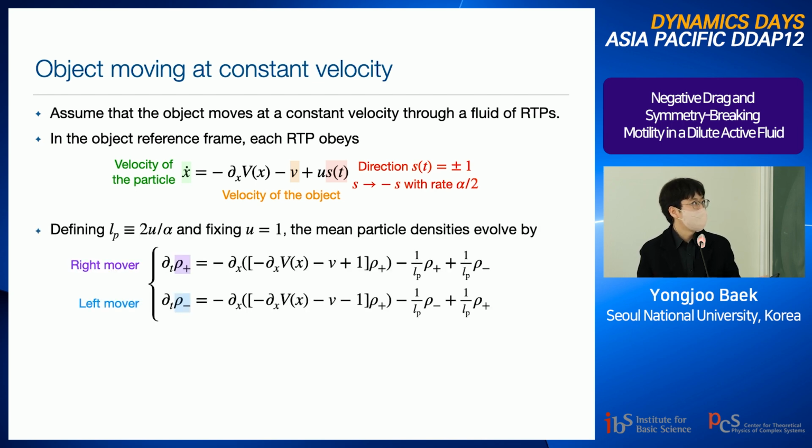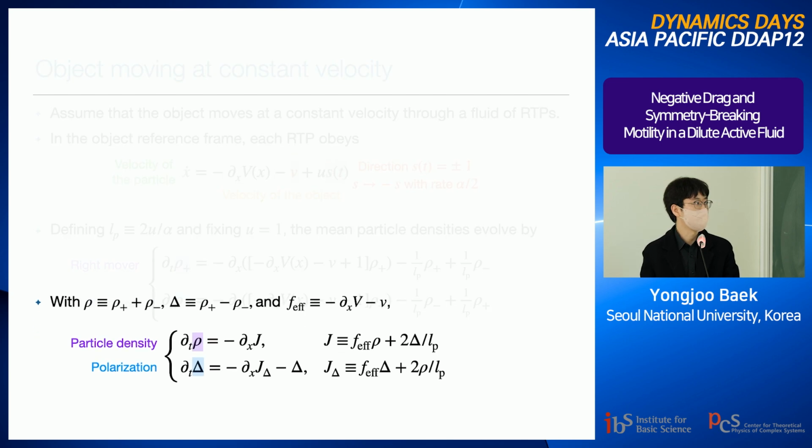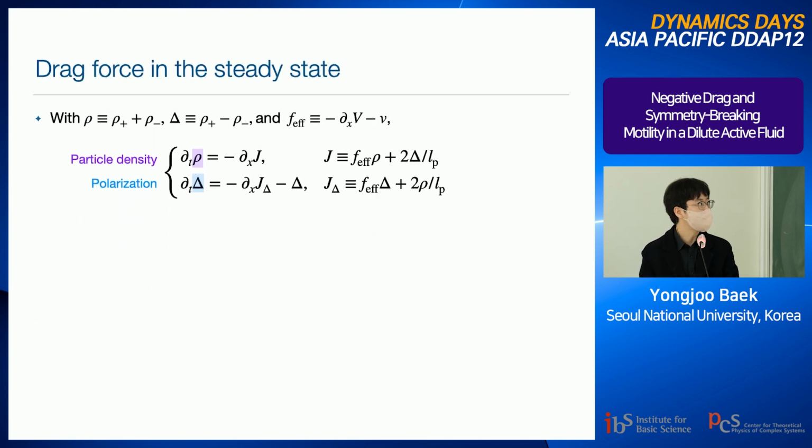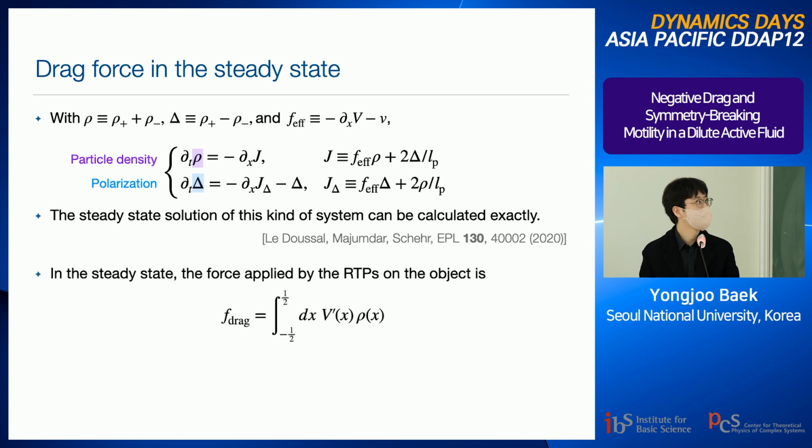With this new force in mind, we can switch to master equation-like formulas, and then we can solve these equations for the steady state. For any kind of potential, in principle we can calculate the active particle distribution exactly under these assumptions, and then calculate the force on the object. But for simplicity, we'll stick to this triangular potential.